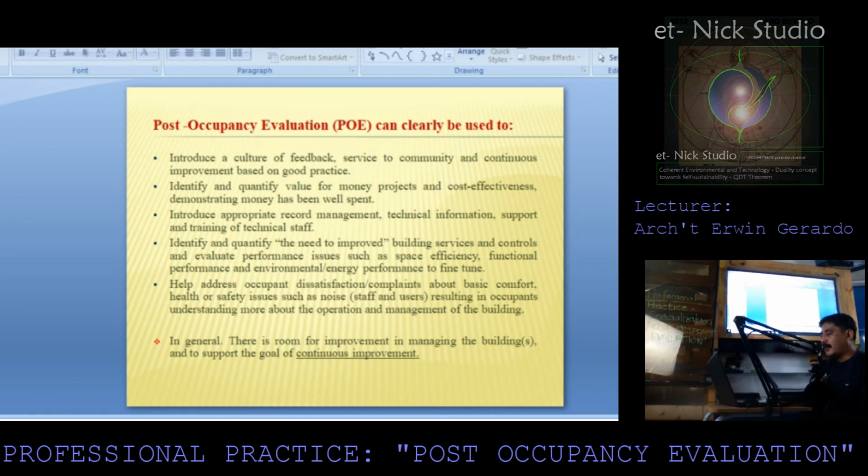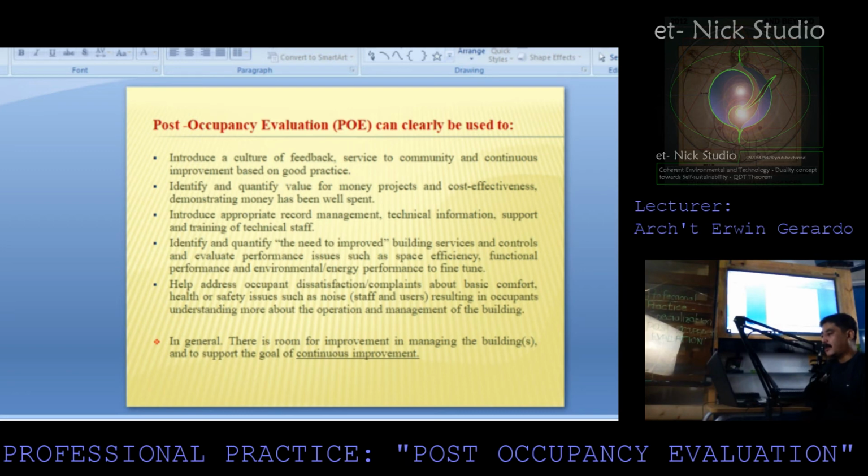Next is introduce appropriate record management, technical information, support and training of technical staff. Next, identify and quantify the need to improve building services and controls and evaluate performance issues such as space, efficiency, functional performance, and environmental or energy performance to fine-tune.